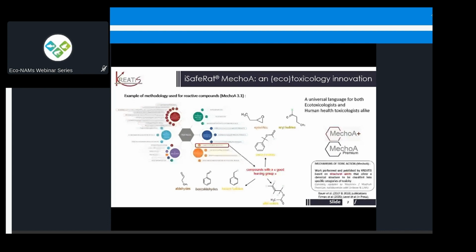Each one of these is then divided into subclasses, and the point about these subclasses is that they're based on the mechanism of action.